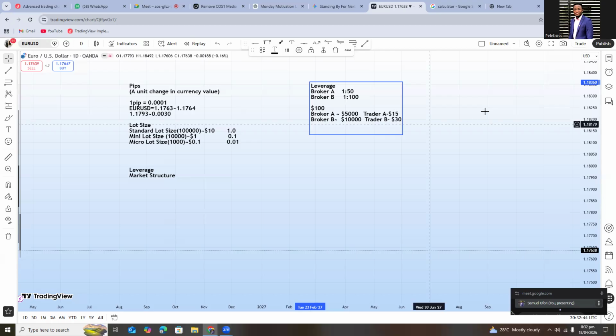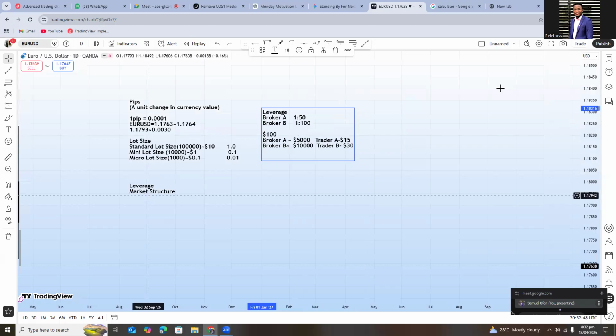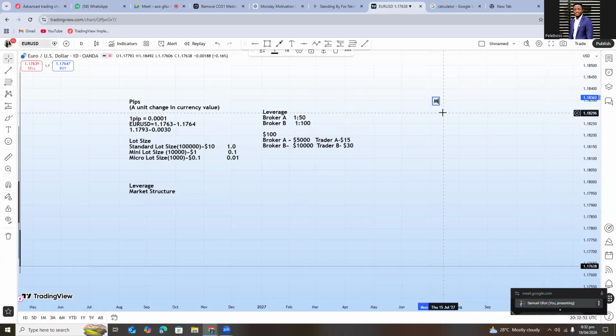Okay. Now, the next thing that we are going to talk about is market structure, right? We are going to talk about market structure.